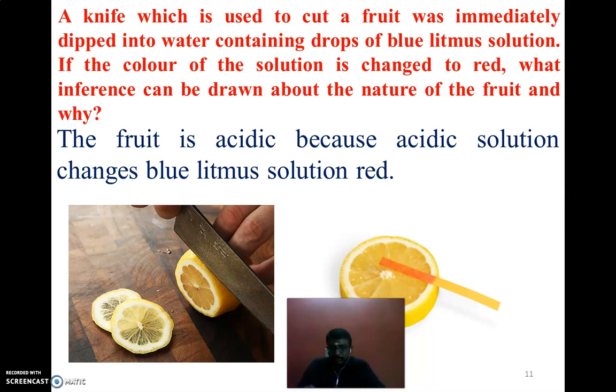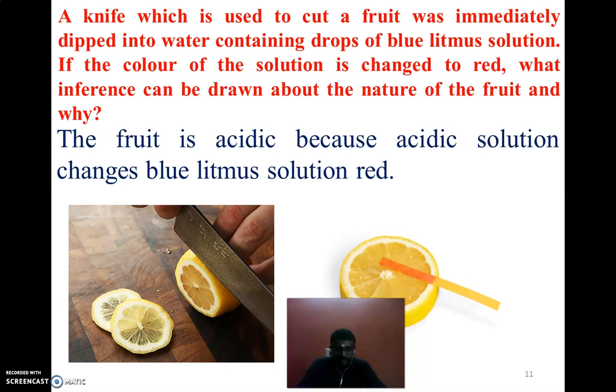Acid is sour to taste, base is bitter. For identification, when we dip the blue litmus paper in acid, it turns red. When we dip red litmus paper in base, it turns blue.